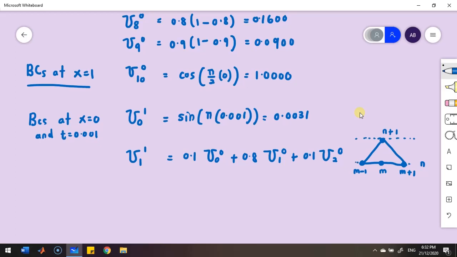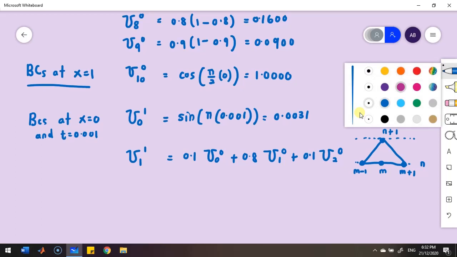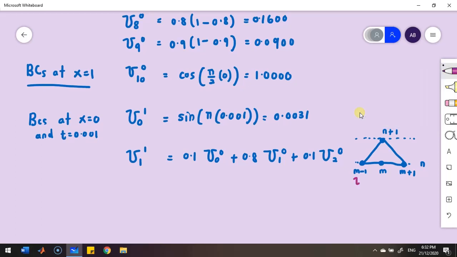This is n plus 1, so you're looking at one level higher for n. This is my u00, u10 and u20, and this on the other hand is my u11. So n is 0, and 0 plus 1 is 1 here.